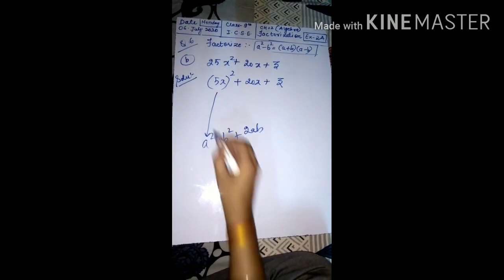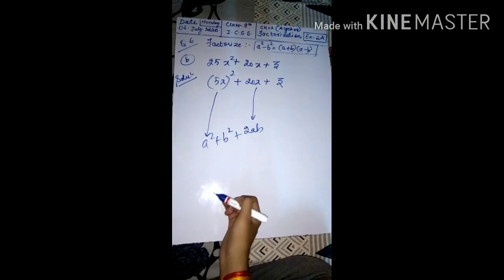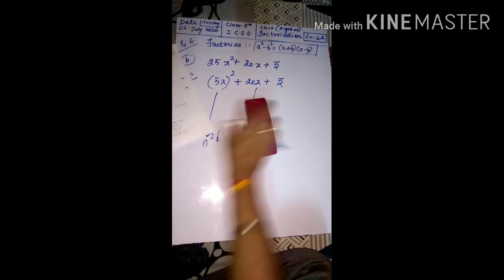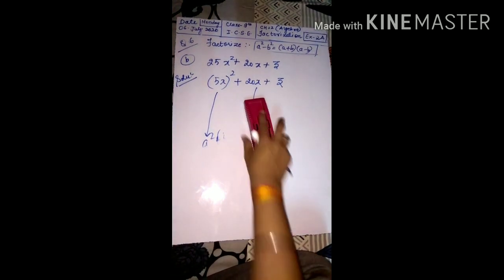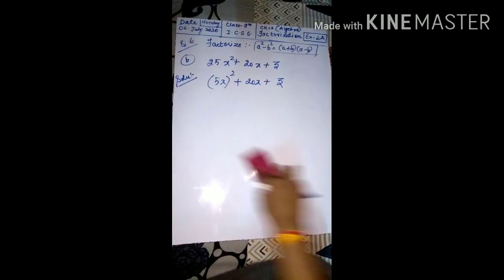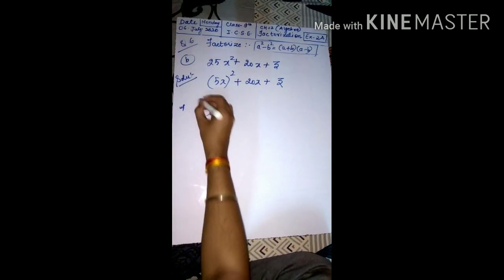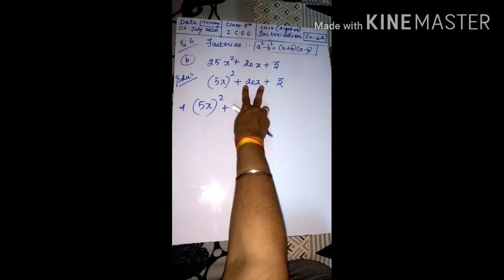We have some kind of a squared term, and this is somewhat the 2ab term. We need a b squared term. So just to find what that b squared term is, we are doing 5x the whole square plus this 20x.